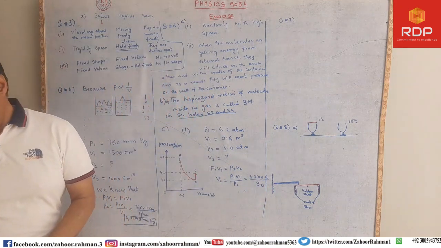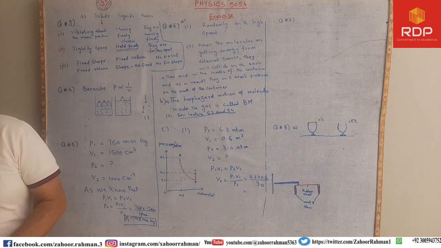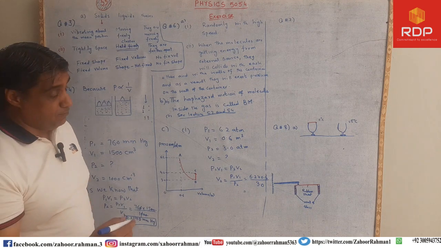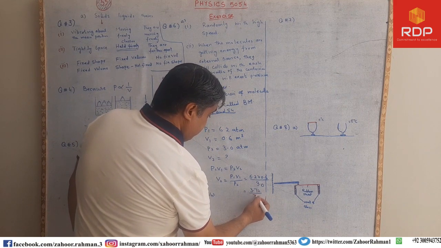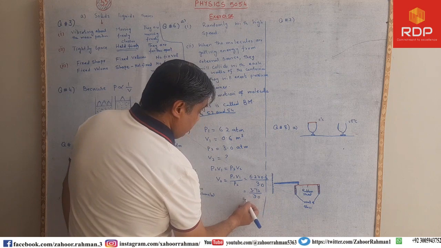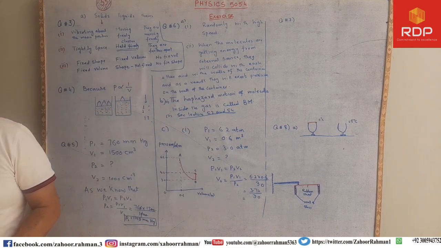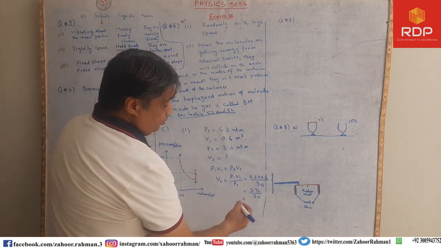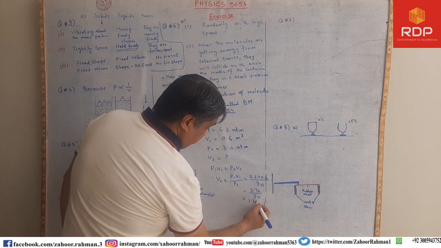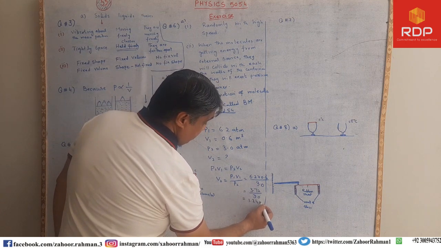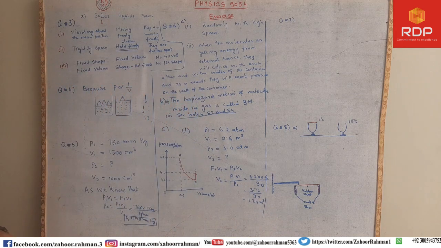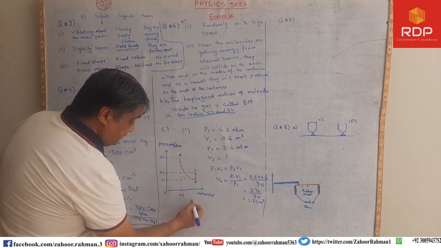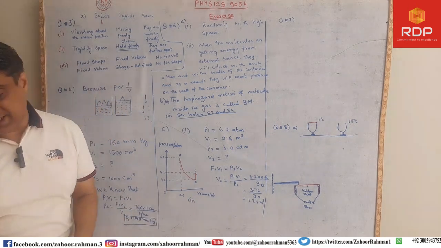So 6.2 multiplied by 0.6 is equal to 3.72. 3.72 divided by 3.0, and as a result we will get 1.24, and because this is volume, we will take the unit as meter cube.